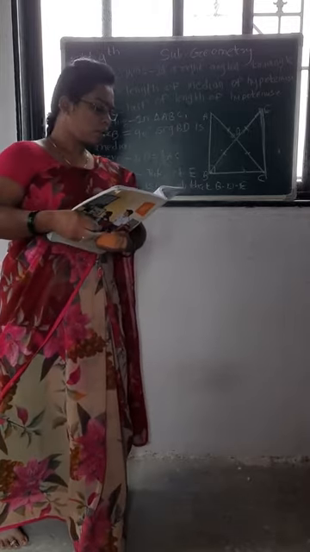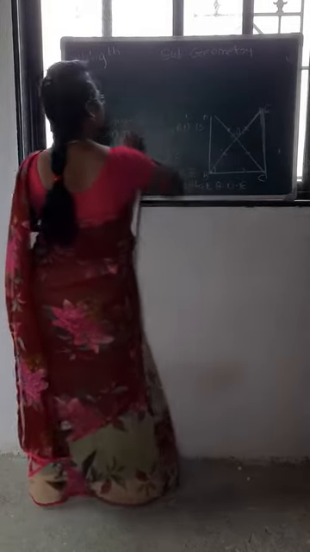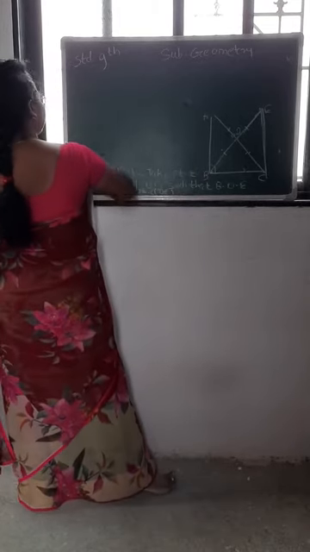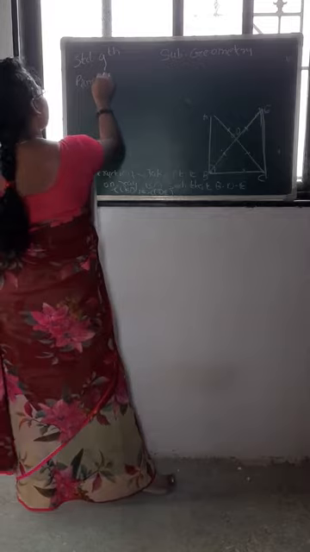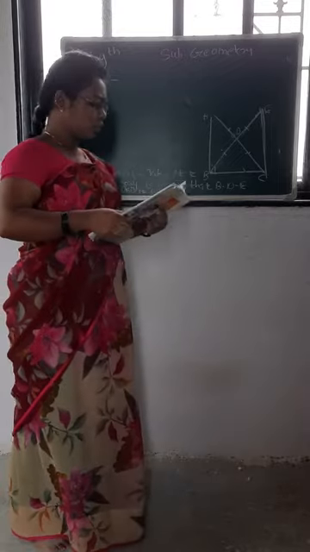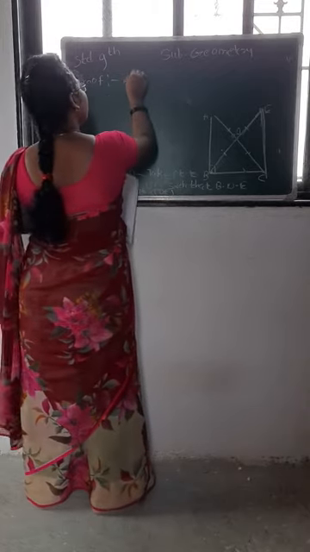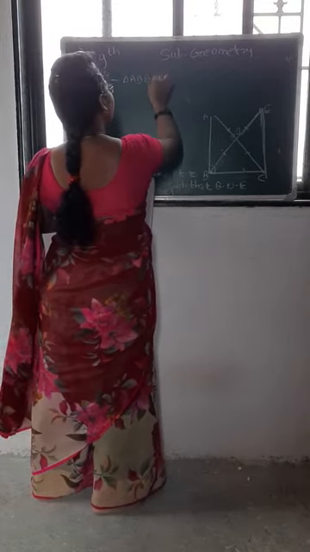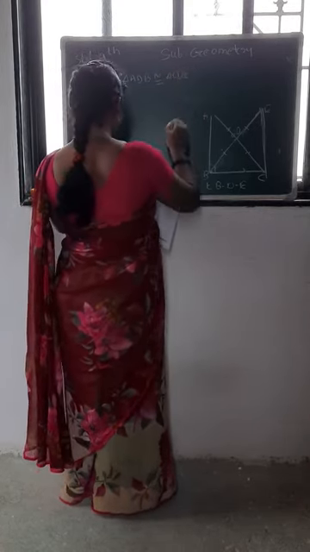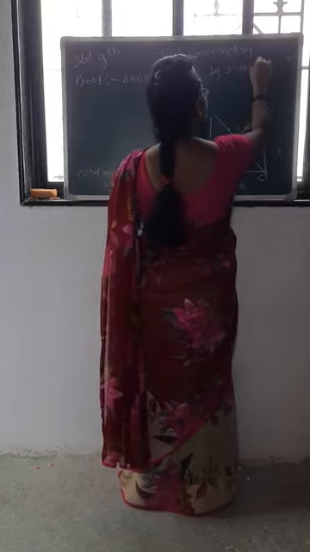Then the proof of the theorem. Triangle ADB is congruent to triangle CDE by the side-angle-side test.